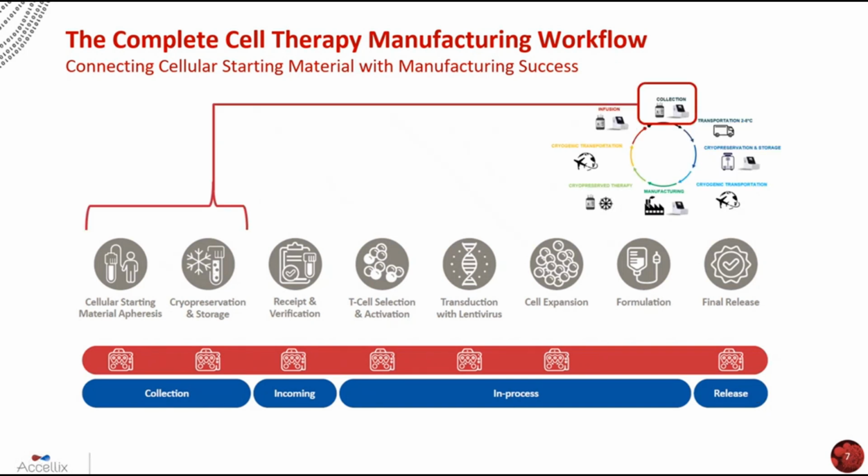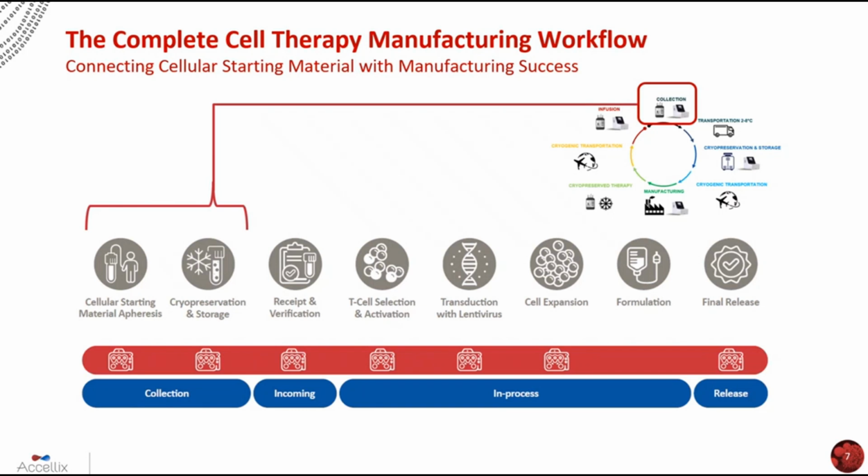But the process really starts at the collection point, because the cellular starting material, apheresis, is extremely important to be characterized at the point of collection before going into preservation and storage, to monitor if something happens during the transportation or during the manipulation of these samples.